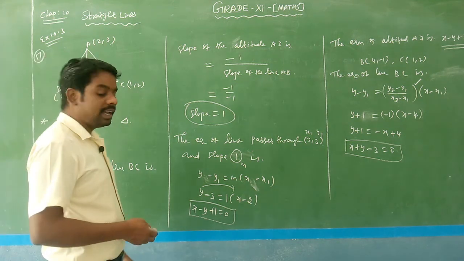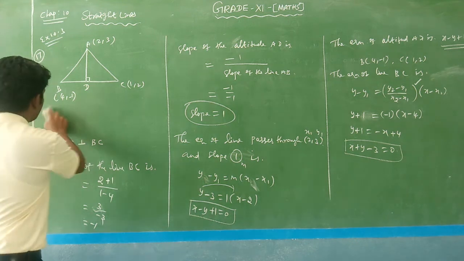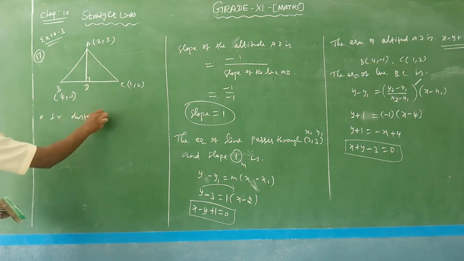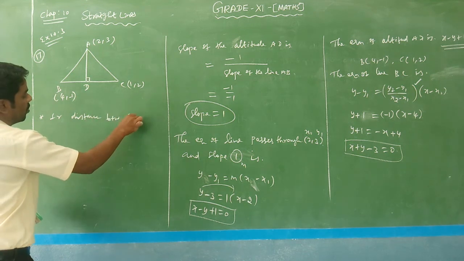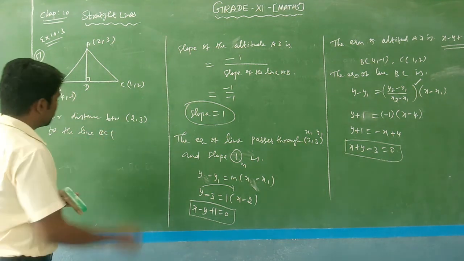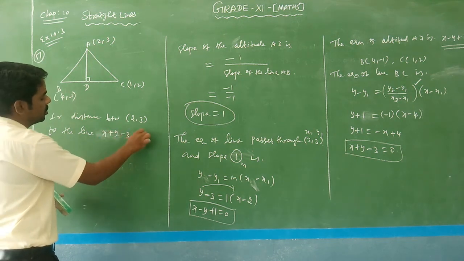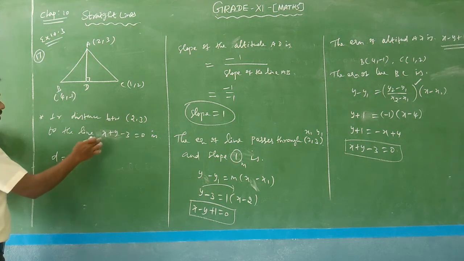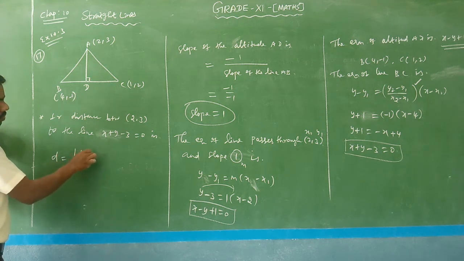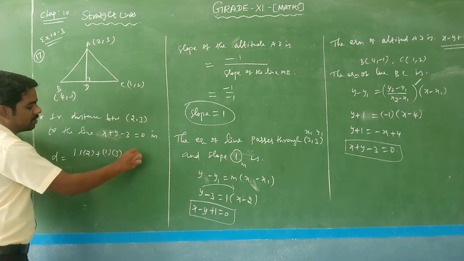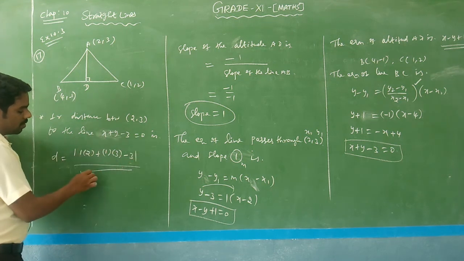The perpendicular distance from point A (2, 3) to the line BC, that is x plus y minus 3 equal to 0, is d equal to modulus of a x1 plus b y1 plus c divided by the root of a squared plus b squared. Here a is 1, x1 is 2, b is 1, y1 is 3, c is minus 3, so the denominator is root of 1 squared plus 1 squared.